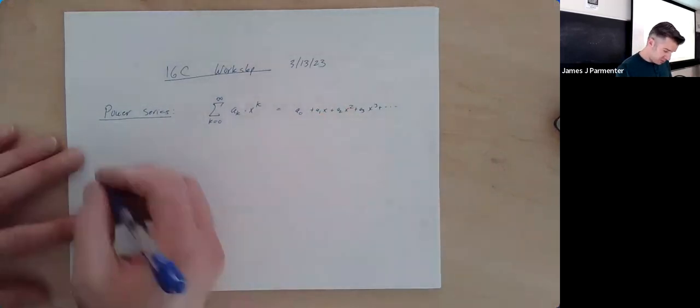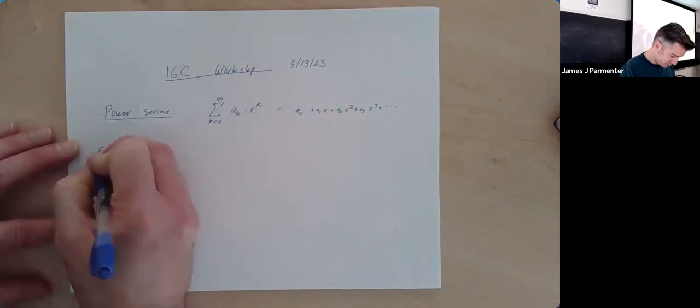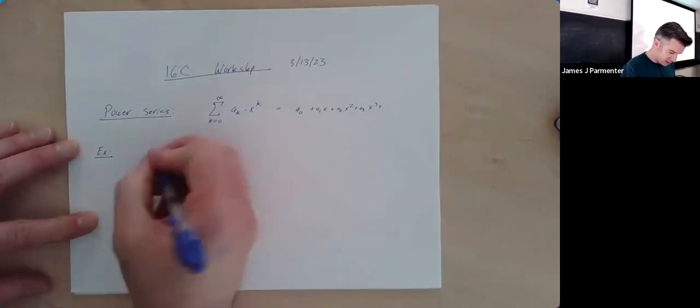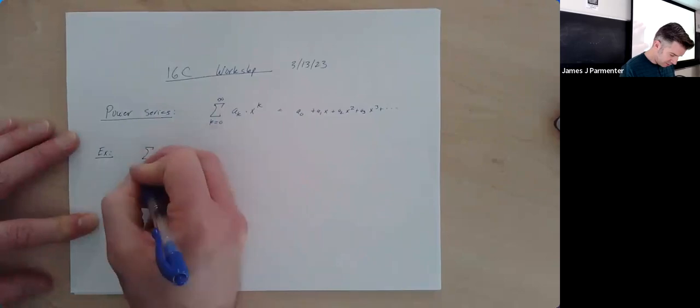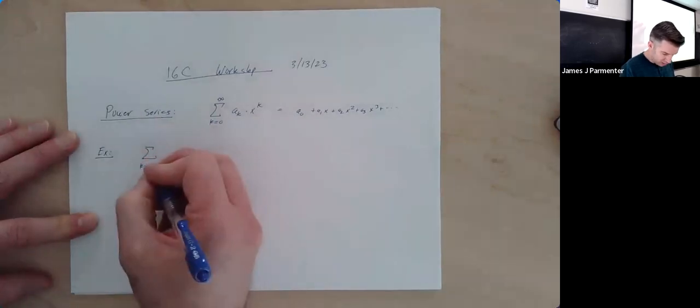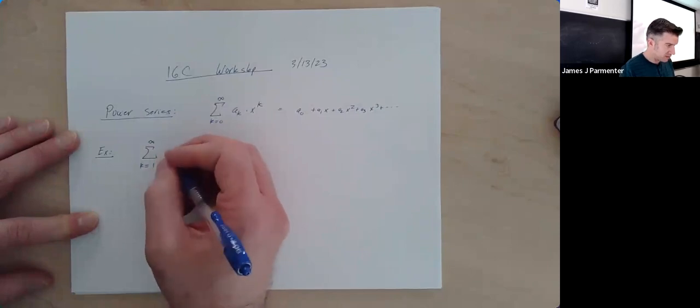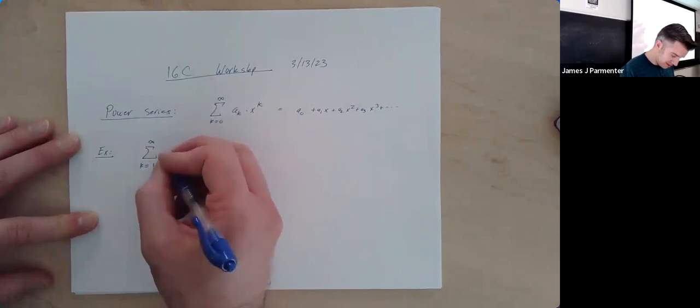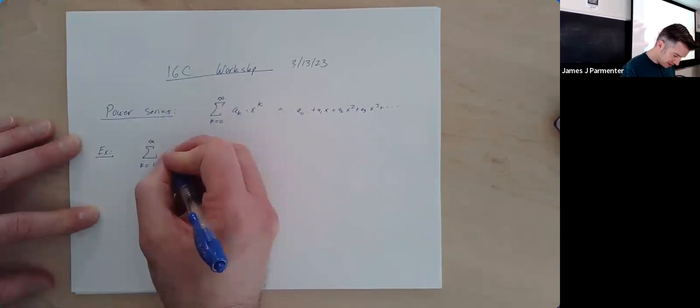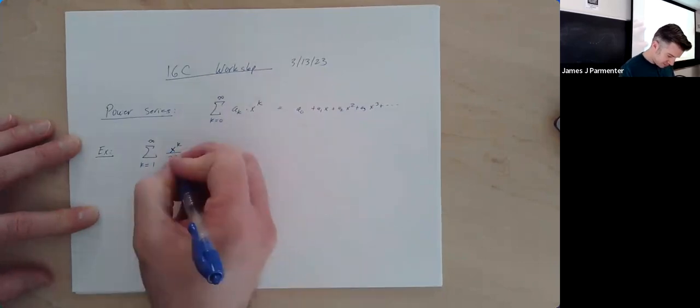So for example, the following series: the sum from k equals 1 to infinity of x to the k over 3 to the k.